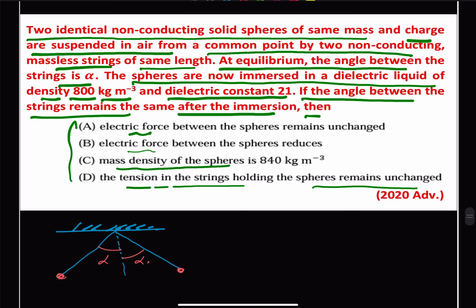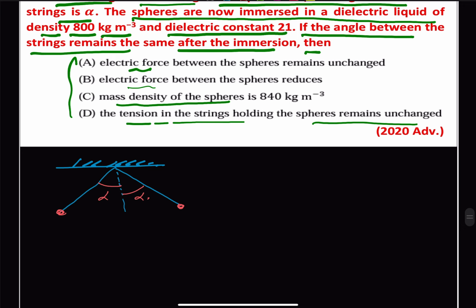Angle between the strings is given as alpha, so this will be alpha by 2 and this will be alpha by 2.